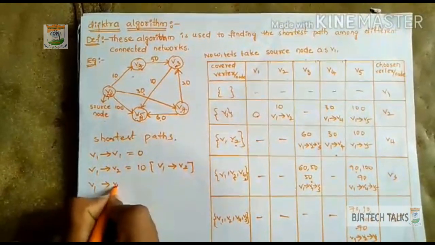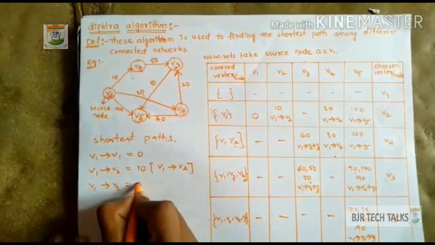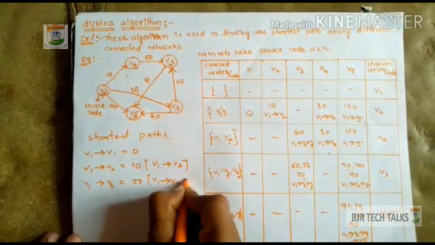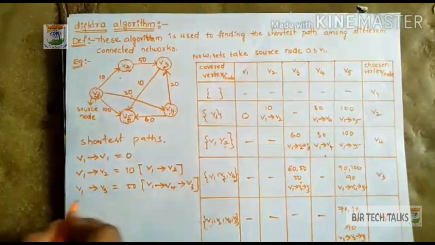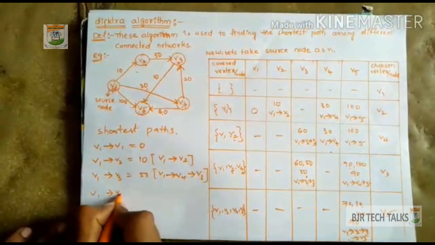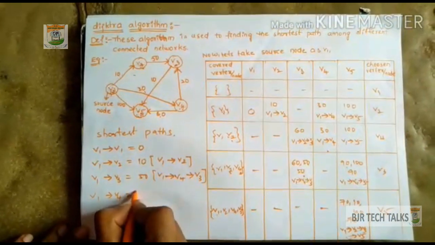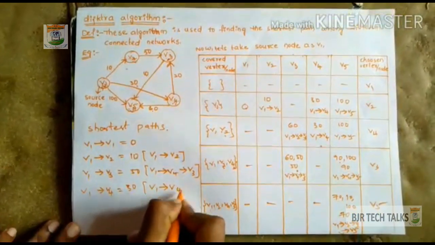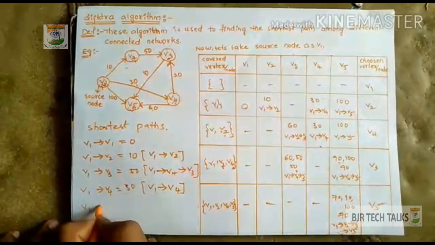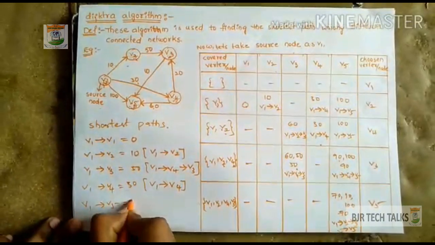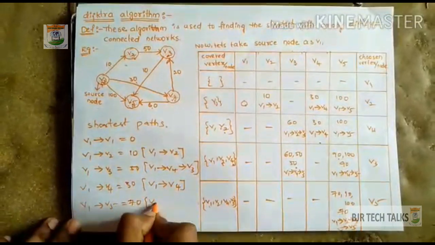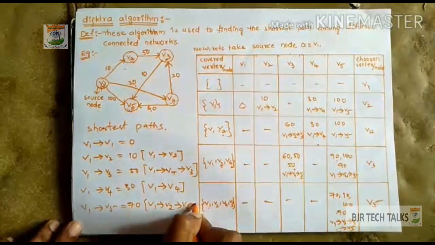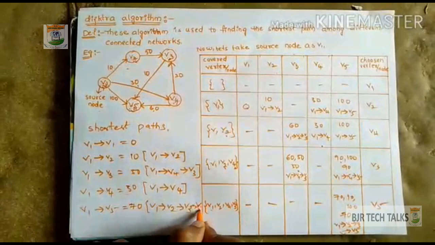V1 to V3 is 50, with routing V1 to V4, V4 to V3. V1 to V4 is 30, with routing V1 to V4. V1 to V5 is 70. The routing is V1 to V2, V2 to V3, V3 to V5.